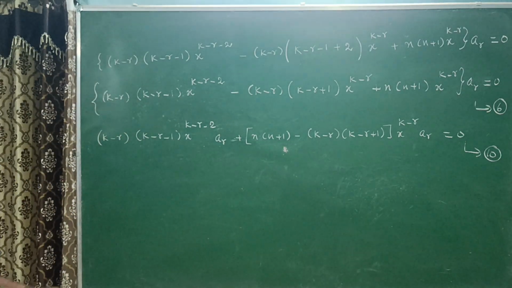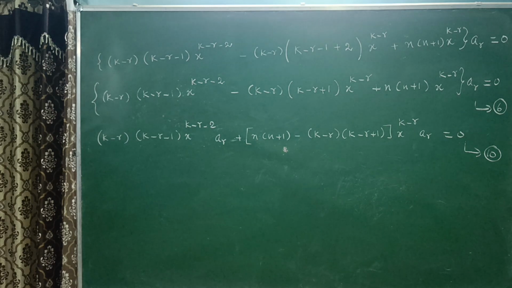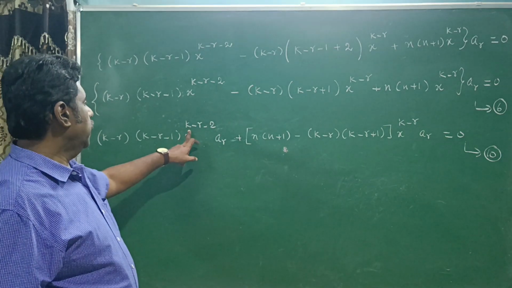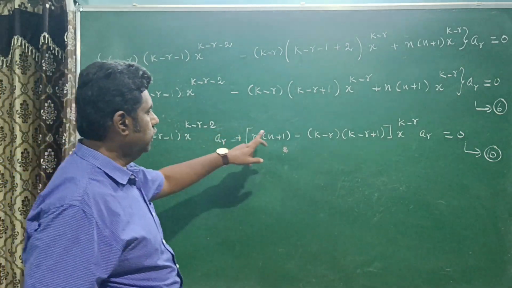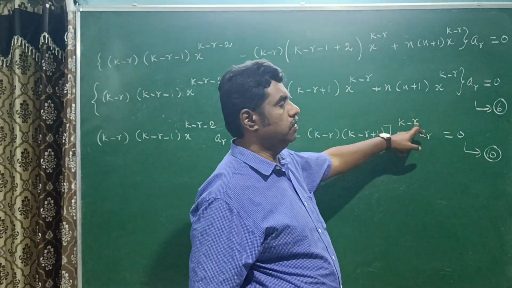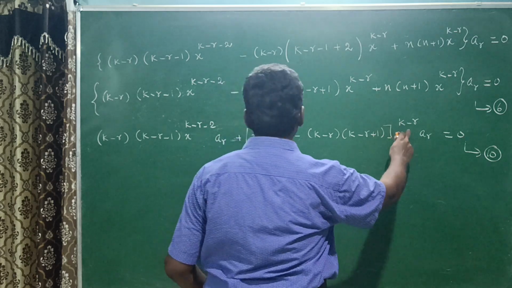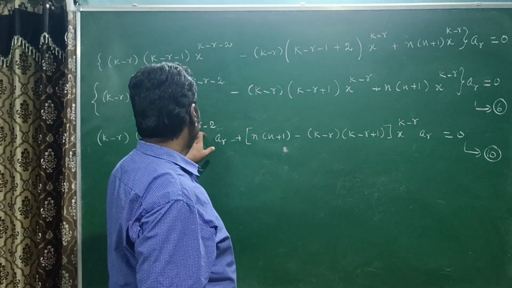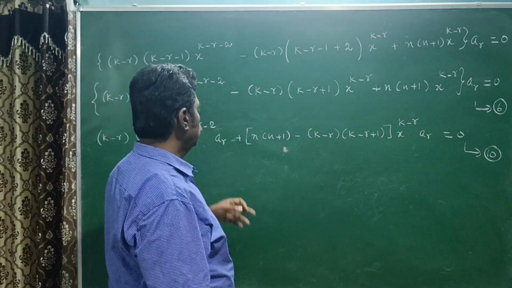Now we have to express all the terms in terms of x power k minus r minus 2. Here x power k minus r is present. We have to express this in terms of x power k minus r minus 2.